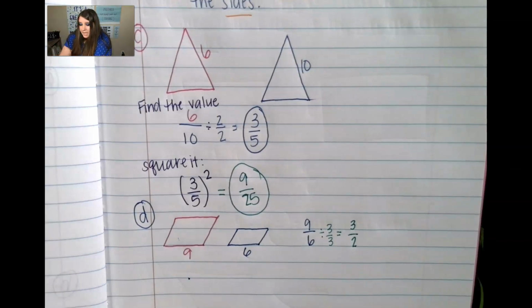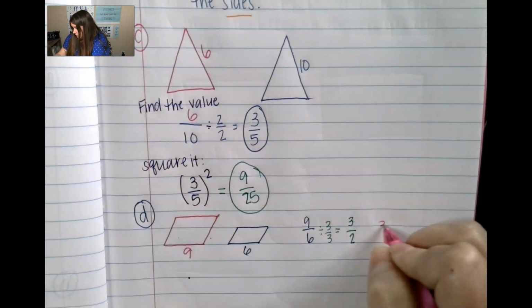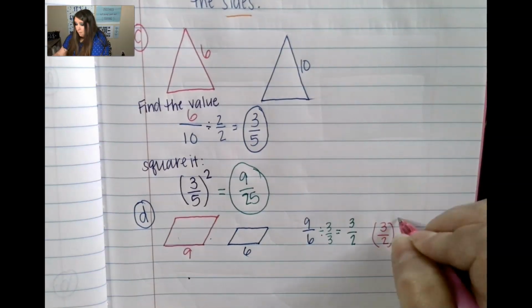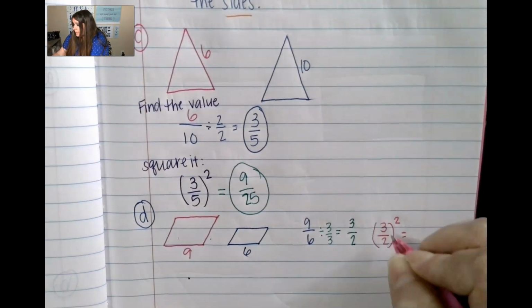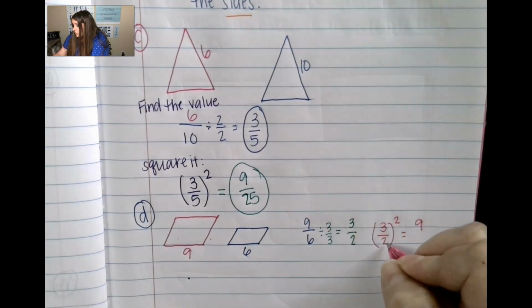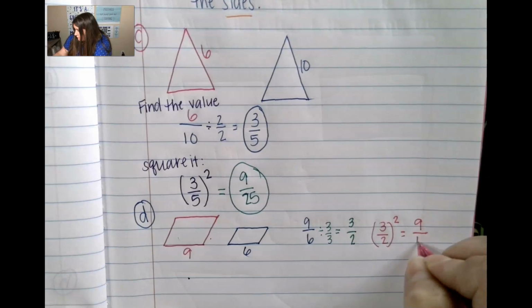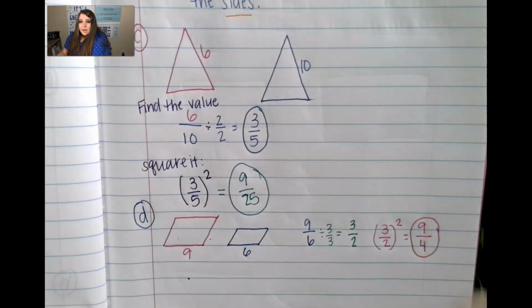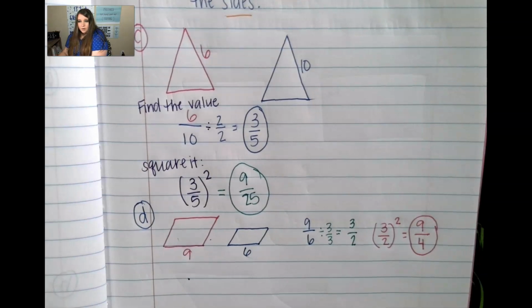Now we're going to take 3 over 2 and square it. 3 times 3 is 9, so we're back to 9, and 2 times 2 is 4. So the value of the area is 9 over 4.